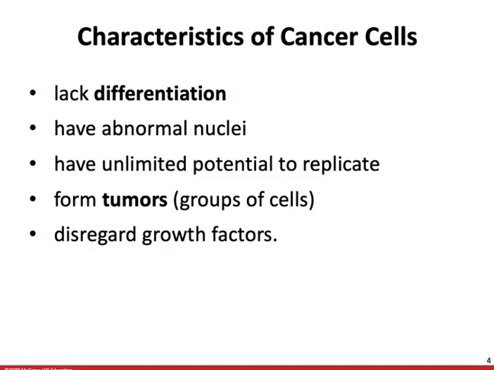With each round of DNA synthesis, those chromosomes get shorter and shorter. Once they get too short, the cell undergoes apoptosis, and it will not continue to divide because that DNA has just been copied too many times.